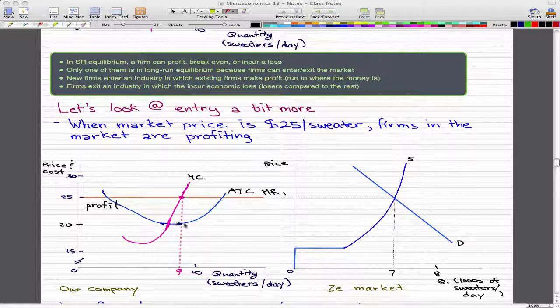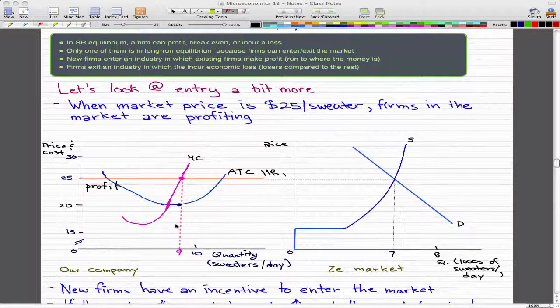At this amount, where we're producing nine sweaters per day, we're making an economic profit of 5, because we're selling them at 25, and at 9 sweaters per day, the average total cost of producing them is $20.